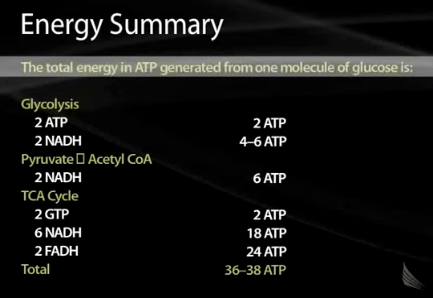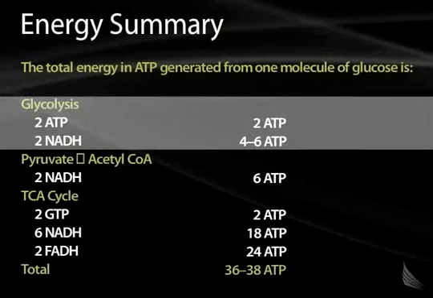So now that we've reviewed glycolysis, the TCA cycle, and oxidative phosphorylation, we can get an idea of the amount of energy that could be produced by a single molecule of glucose in the form of ATP. And we can calculate that as follows. Remember, in glycolysis, we have a net production of 2 molecules of ATP and 2 molecules of NADH. These molecules of NADH are produced in the cytosol and have to be shuttled into the mitochondria.